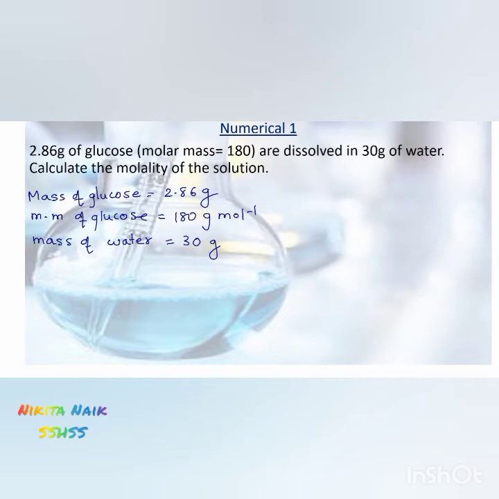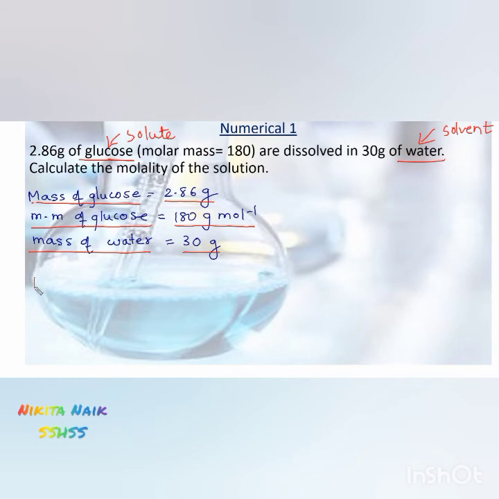From this question we know that glucose is a solute and water is a solvent. Mass of glucose, that is mass of solute, is 2.86 gram, molar mass of glucose is 180 gram per mole, and mass of water is 30 gram.